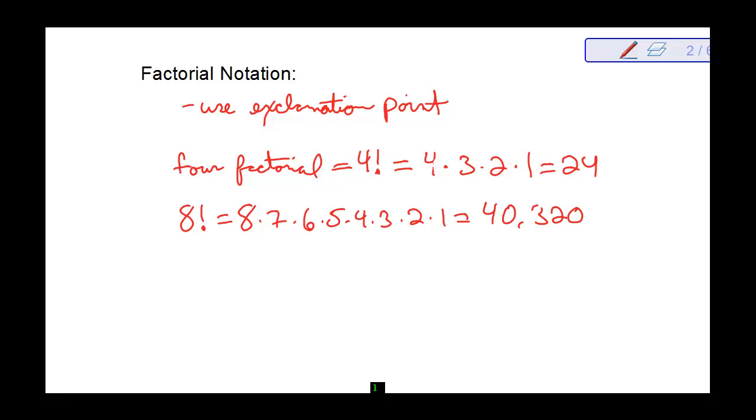The one that we have to be careful about is 0 factorial. 0 factorial is 1 because we're multiplying things down to 1, and 0 is actually below 1, so we just multiply 1. So 0 factorial is going to be 1. This one's going to be one of those rules that you want to just kind of remember, okay?